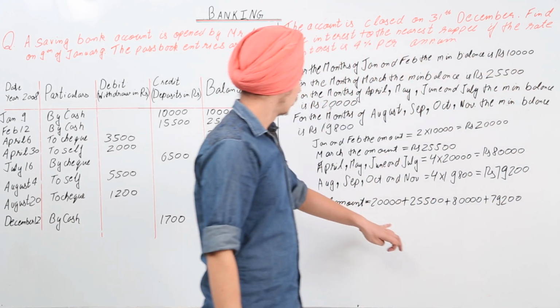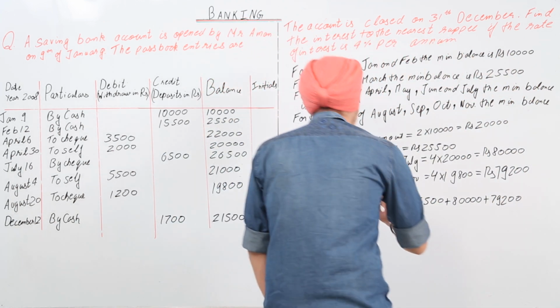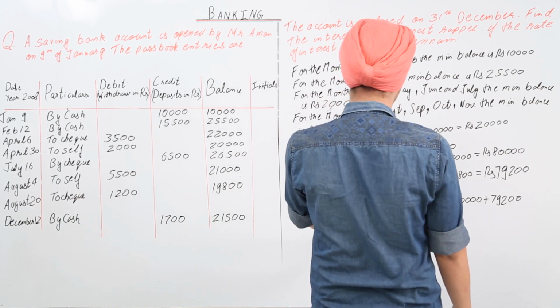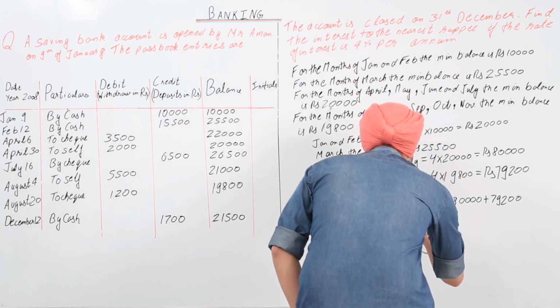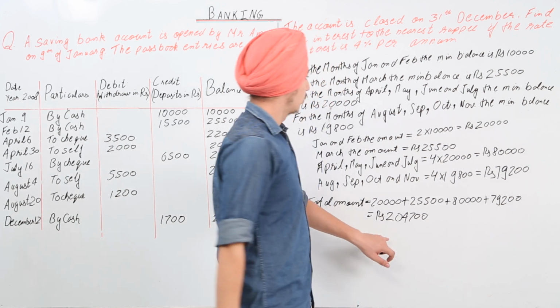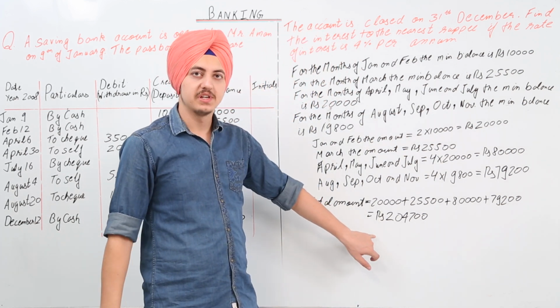So this is the total amount, which comes out to be equal to rupees 2,04,700. So this is the total amount on which the interest has to be calculated.